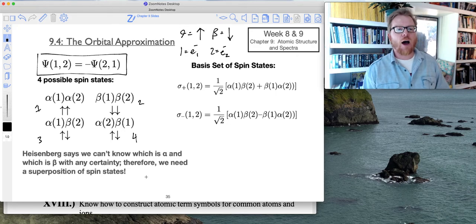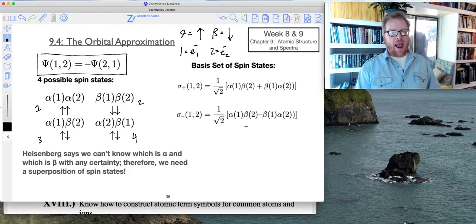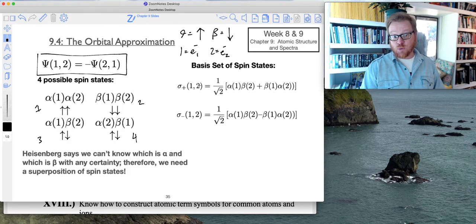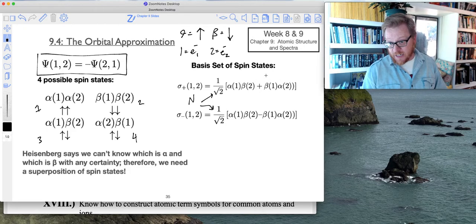And so here is how that superposition goes. We'll create a sigma plus (1,2) spin state, and that's already been normalized. So this is the normalization constant, and then here are the two, this is the basis set, and I add them together and it creates the superposition. The superposition we're going to create is by saying alpha 1, beta 2, or beta 1, alpha 2.